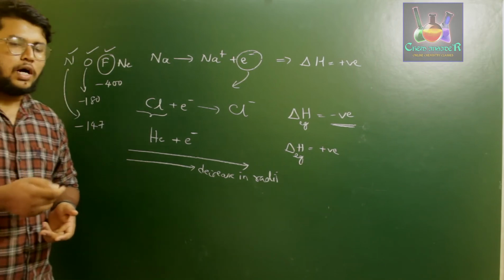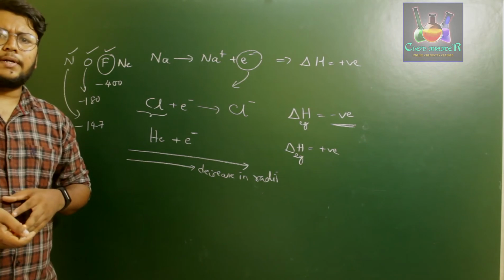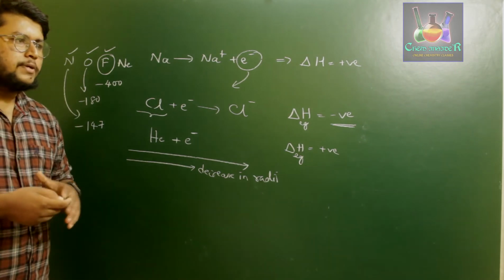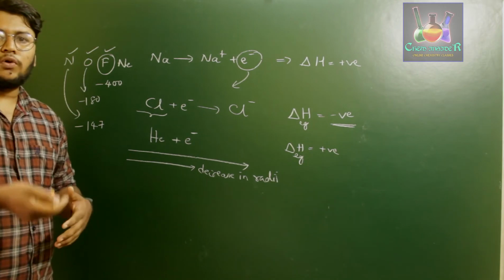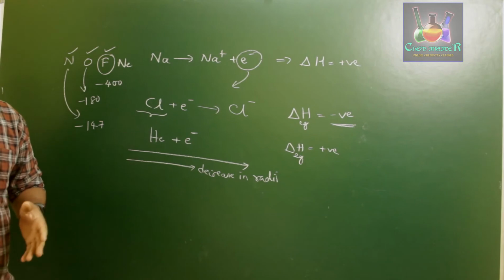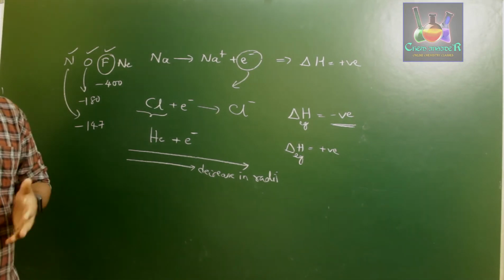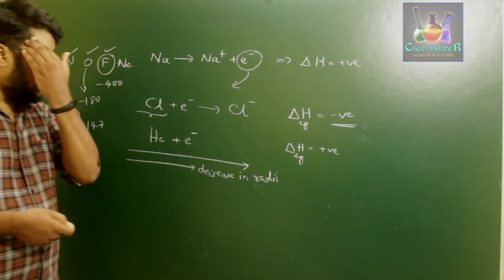Whereas in case of alkali metals, which are far away from the noble gas elements in that period, we have to give energy to them so that they can hold those electrons. So those atoms usually show positive values, or we can say less negative electron gain enthalpies. Okay, so this is about the electron gain enthalpy.